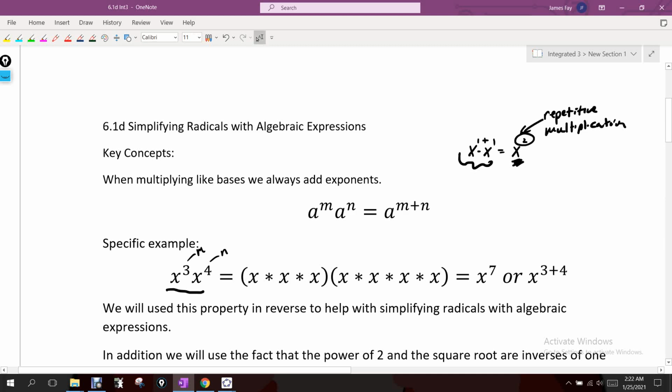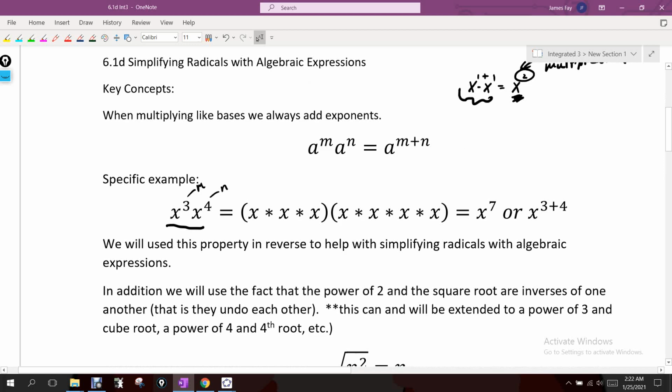So, a specific example: x to the third times x to the fourth. Well, x to the third is repetitive multiplication of x 3 times, and x to the fourth is repetitive multiplication of x 4 times. Remember that there's a multiplication symbol between these two.